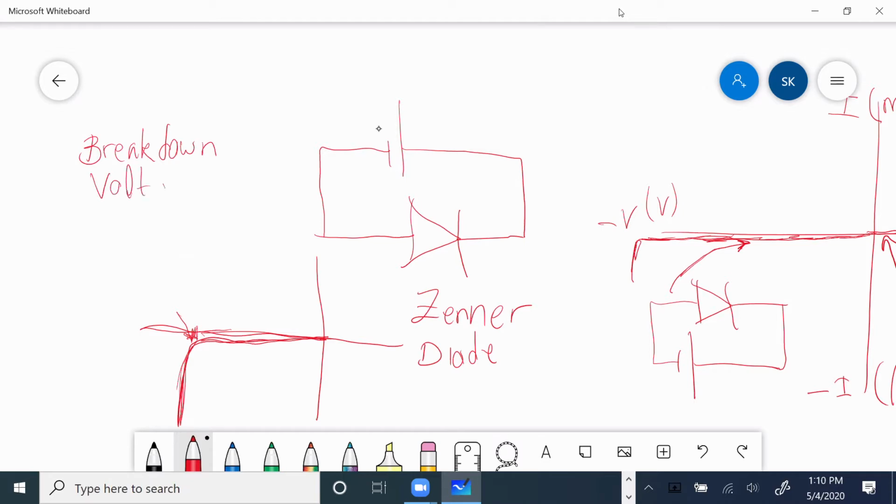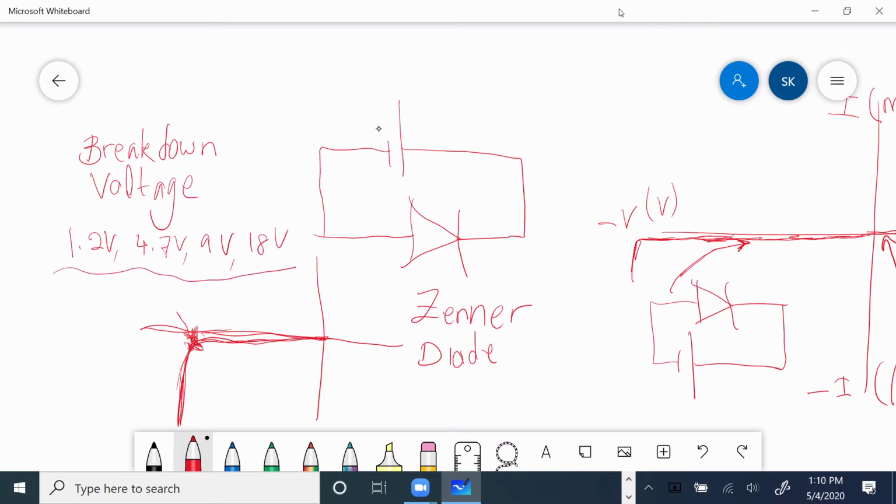So when we go to buy a Zener diode, we must specify what breakdown voltage, what knee voltage we need. We can buy Zener diode with breakdown voltage as low as 1.2 volt, for example, 4.7 volt, 9 volt, 18 volt, all kinds of voltages.